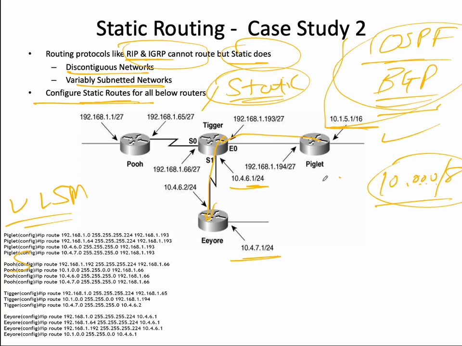Now if you take a look here, what is the routing table of this Piglet router? 10.1.68.0 and /27. /27 means 255.255.255.224. This is the subnet mask, and this is the next hop, and this is the network.